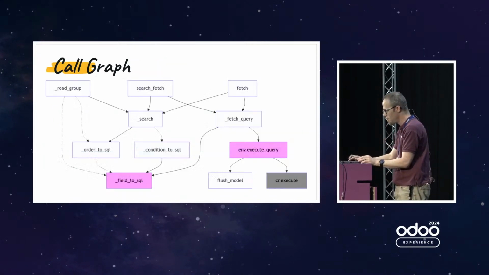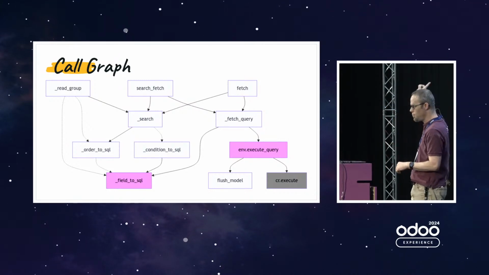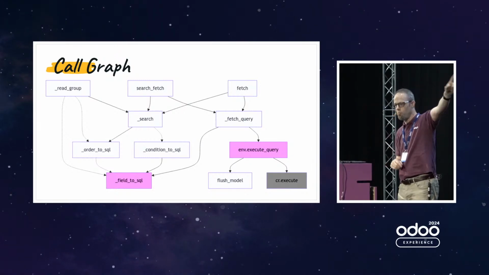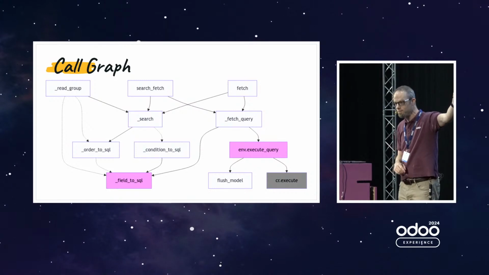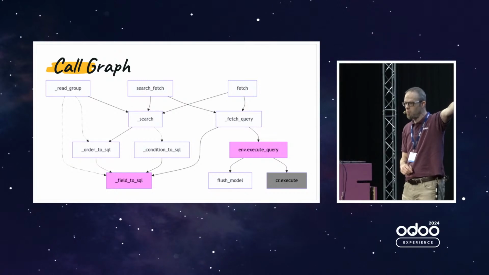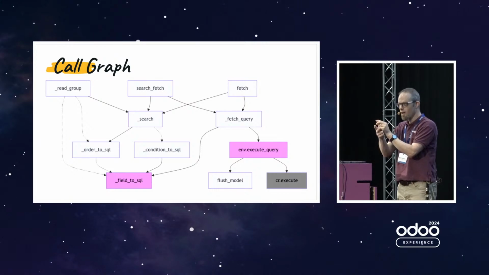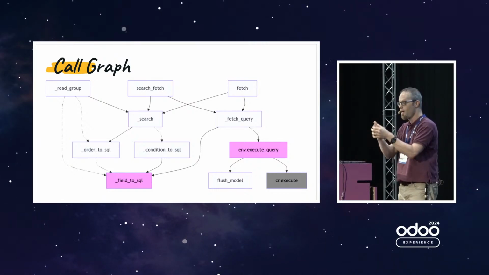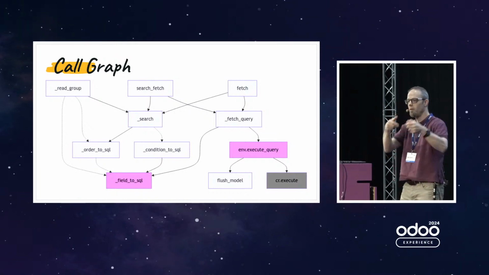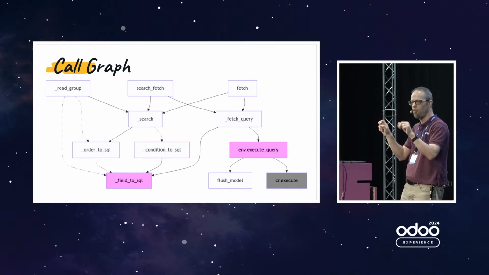And if I get back to this thing, the final SQL query is given to execute query. So we introduce a new execute method on the environment, not on the cursor, but on the environment. And when it's provided to an environment, it does three things. It takes the metadata and makes sure it's flushed. Then it executes the query. And actually also it automatically gets the result of the query and returns the result. So you don't need a fetch method.